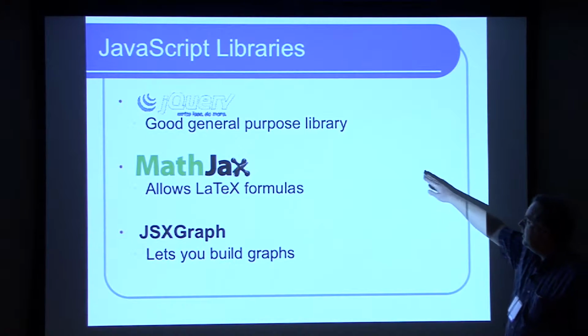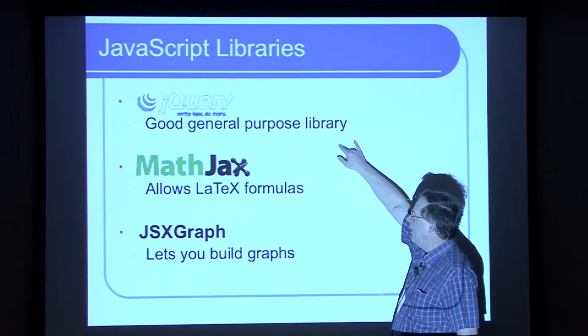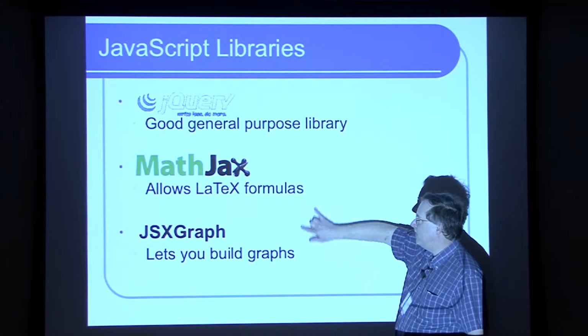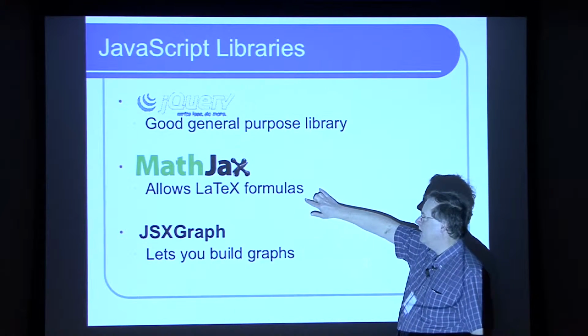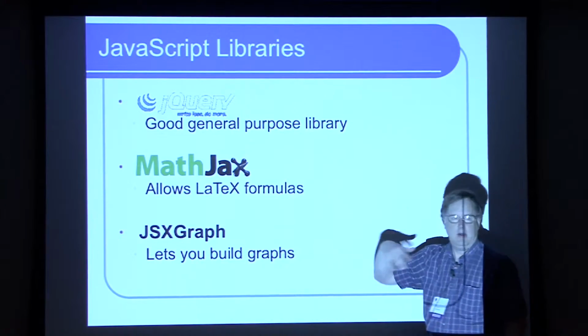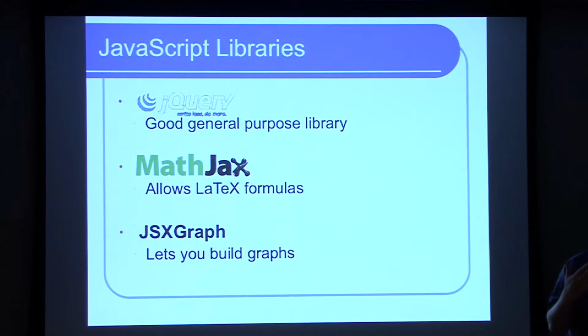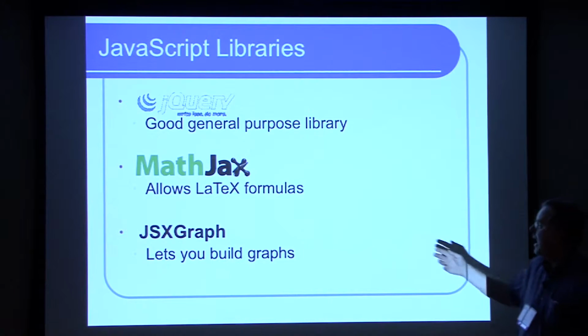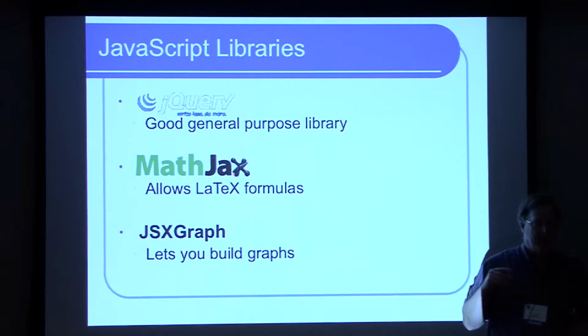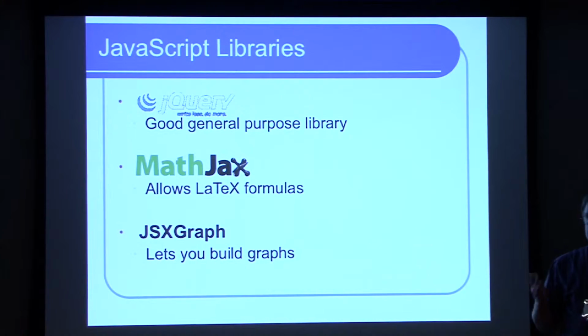This lets you simplify a lot of your coding. Two things that I use specifically, because I'm a mathematician: MathJax lets you write formulas. If you have anything in engineering or science where you need to write formulas, and it's a pain to get formulas into HTML, MathJax lets you put a LaTeX formula in just like you would type LaTeX into your browser, and it displays it like an equation.